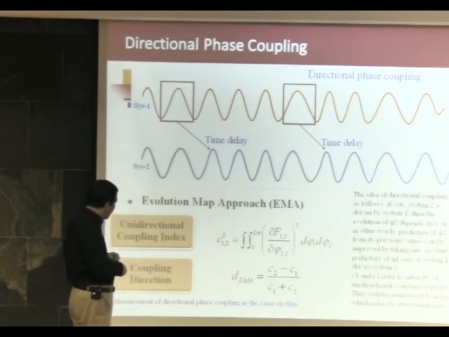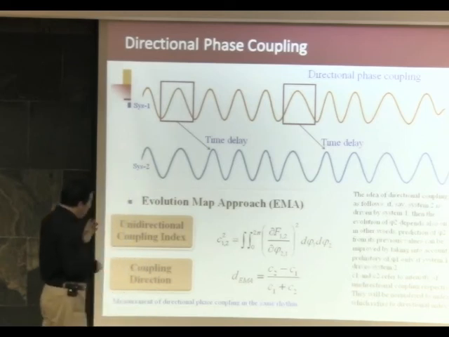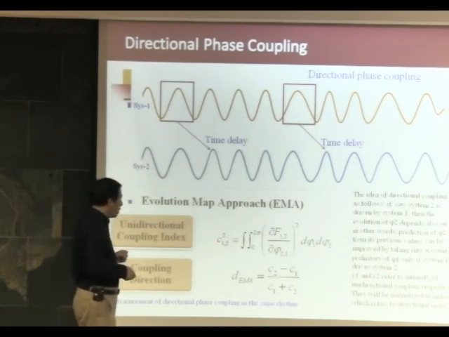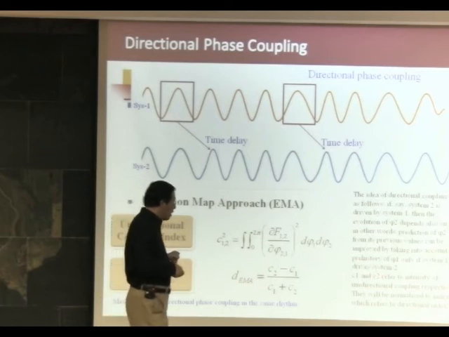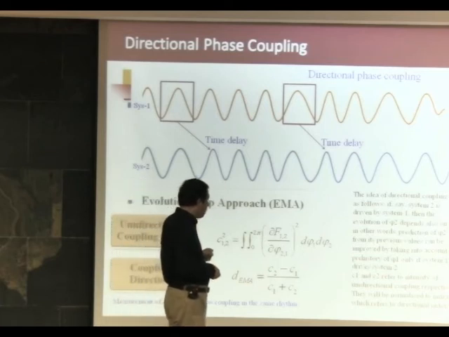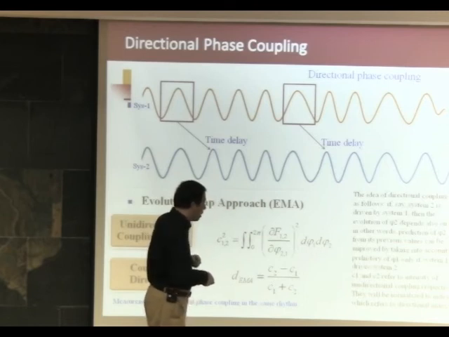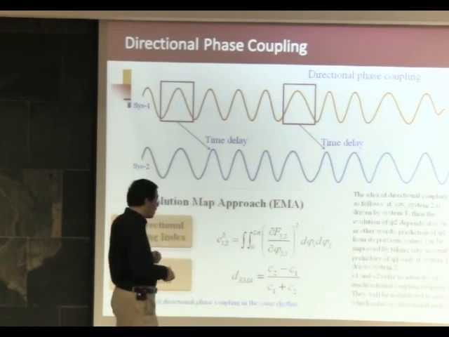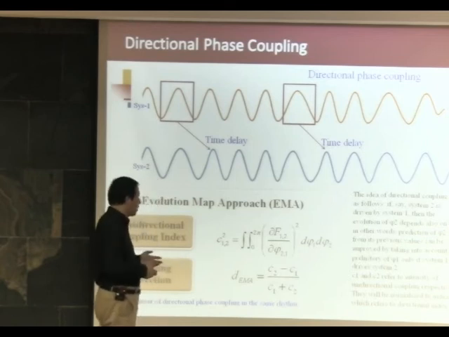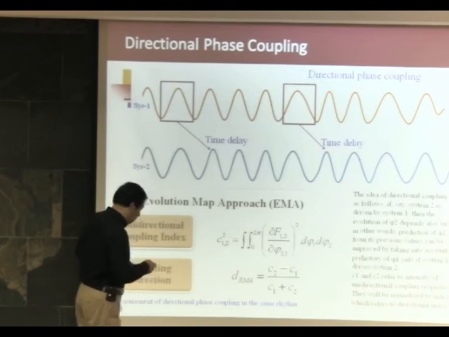In the formula, there are two parameters. One is C1, one is C2. C1 and C2 are the intensities of unidirectional, one-way coupling respectively. They will be normalized to the index D, which means the directionality index.